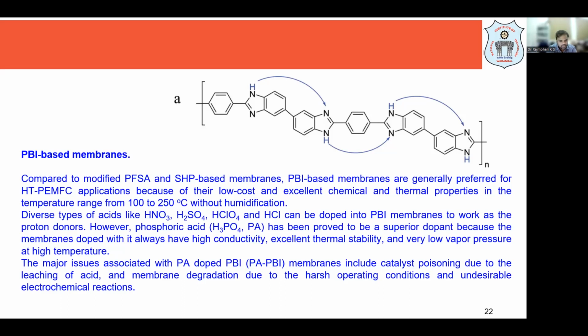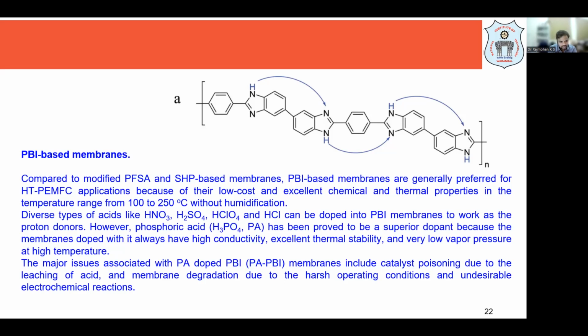There are diverse types of acids like nitric acid, sulfuric acid, perchloric acid (HClO4), and HCl. They can all be doped into PBI membranes to work as the proton donor. However, among all, phosphoric acid, hereafter PA, is the one we will discuss.